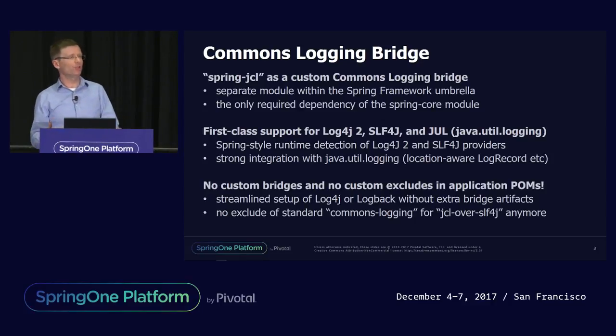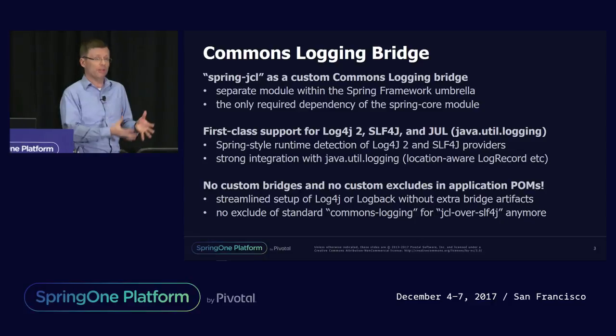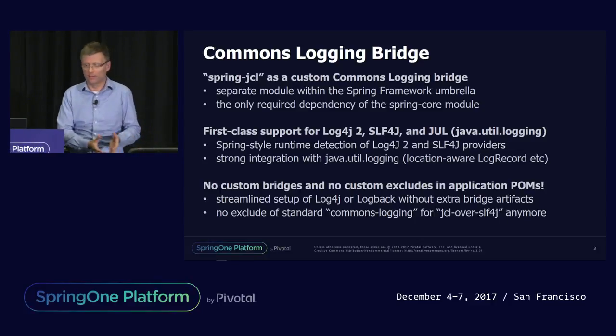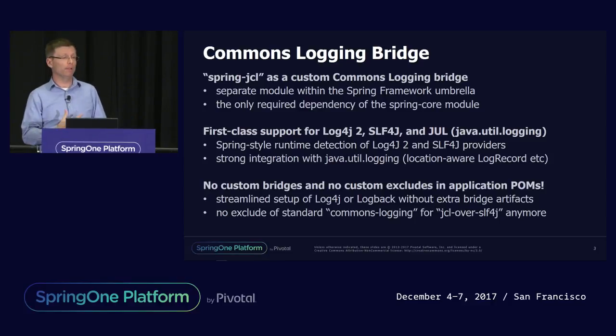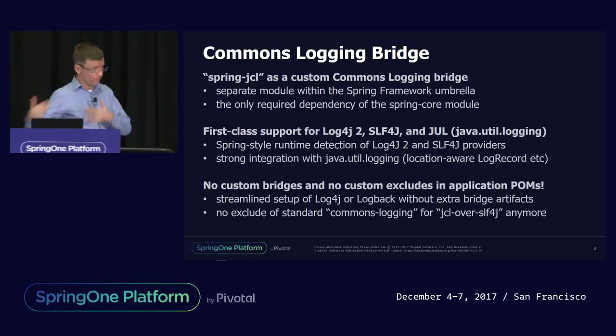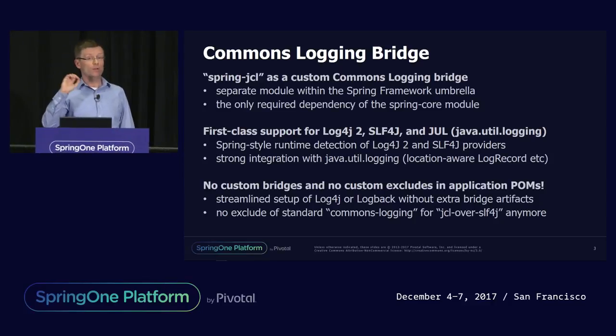SLF4j is actually largely logback. Let's be frank: how many logging providers do you plug behind your SLF4j API these days? It's almost exclusively logback or a fallback to Java util logging. Some people, of course, are using Log4j2 as a backend behind SLF4j. Quick check, who's an active Log4j2 user?